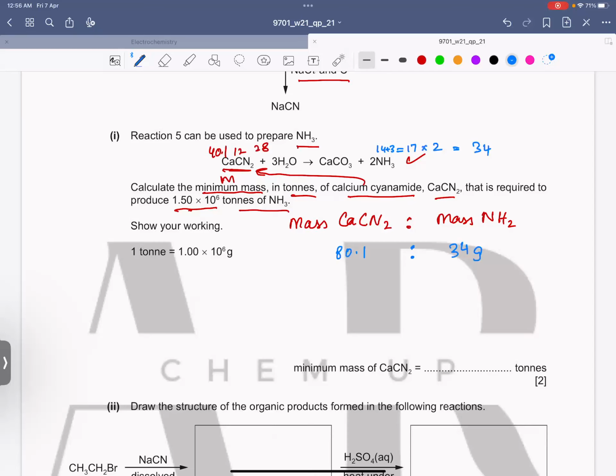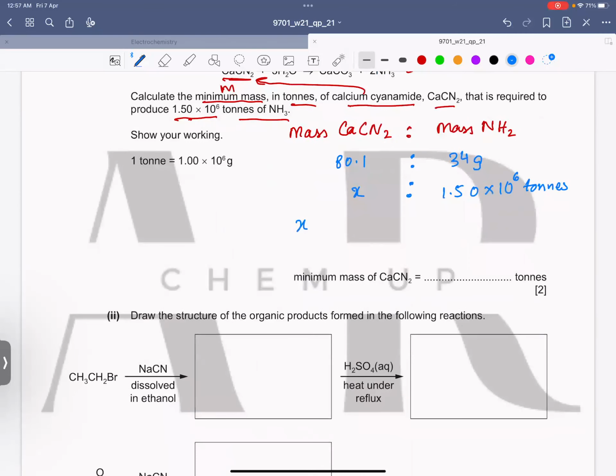So if we look in the question, there is 1.50 exponent... No, it is the mass of ammonia, sorry. So how much mass of CaCN2 is needed? That is X. And the mass of ammonia is 1.50 exponent 6 tons.